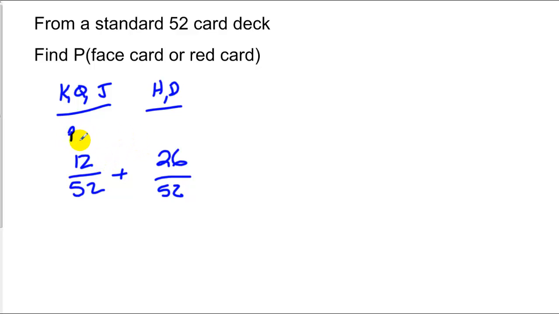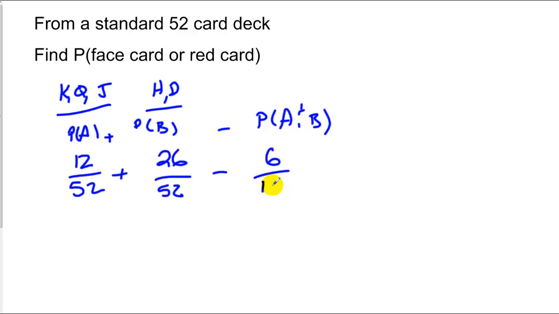So this is like the probability of A plus the probability of B. And now what we want to do is subtract out the probability of A and B. So how many cards are both face cards and red cards? Well, half of these 12 are going to be face cards and red cards. So we pull back out 6 out of 52 cards to get our total probability.